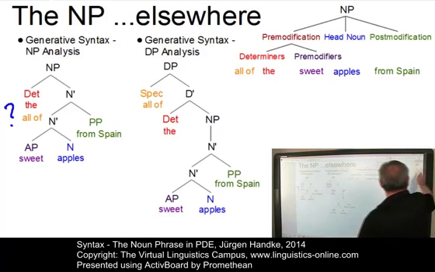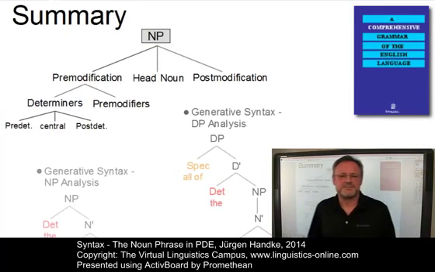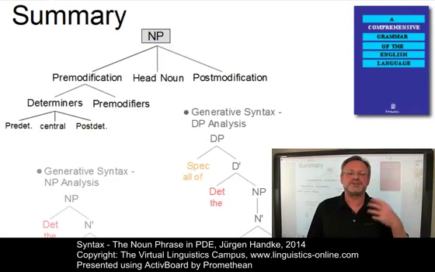So, let's summarize the main facts of this e-lecture, which did not focus on a generative grammar analysis. We saw that the present-day English noun phrase exhibits a high degree of complexity, especially as far as the pre-modification component is concerned, where predeterminers, central determiners, and post-determiners may determine the head.